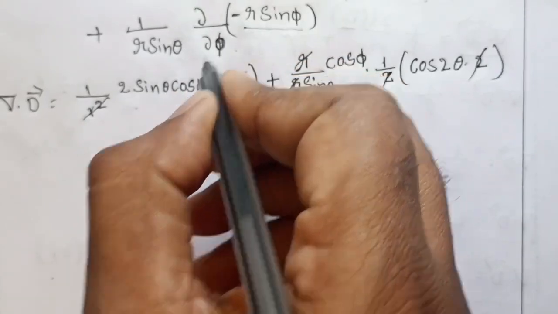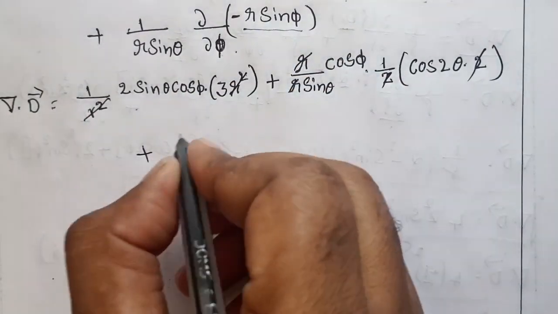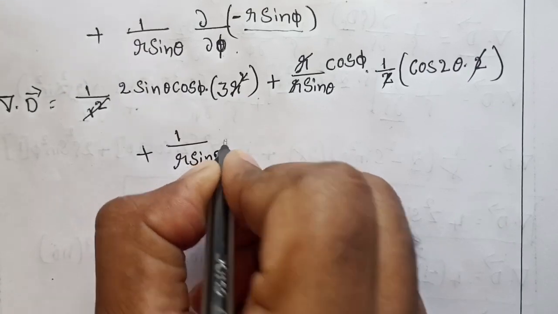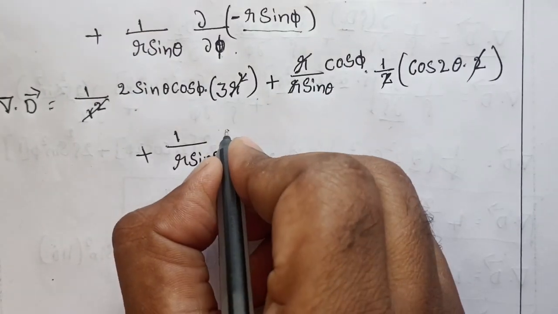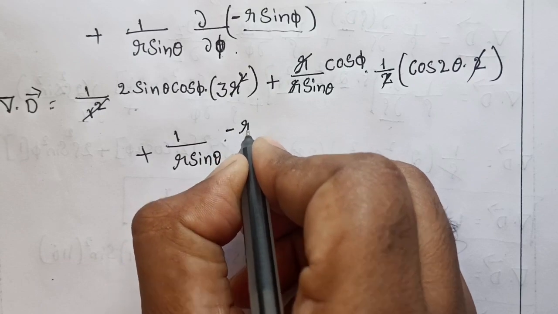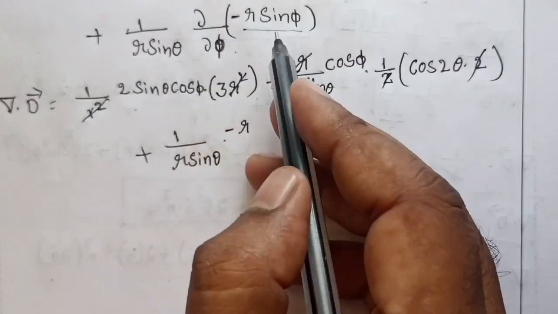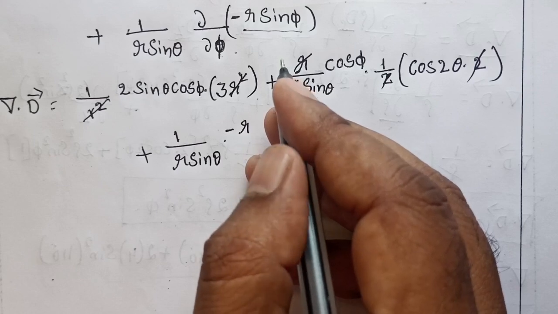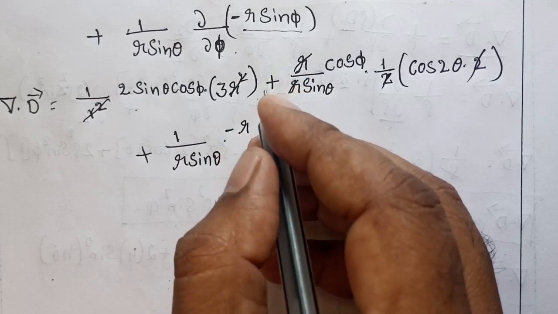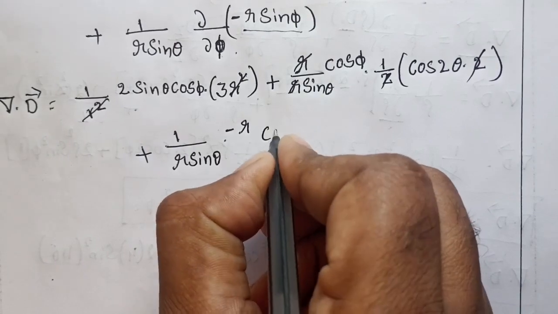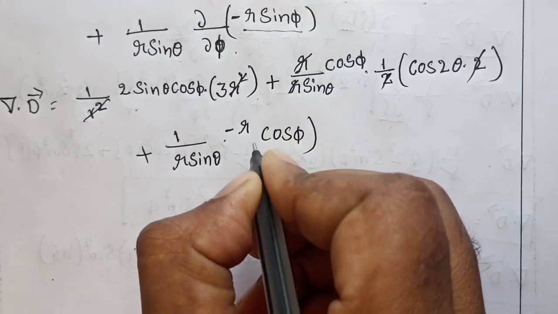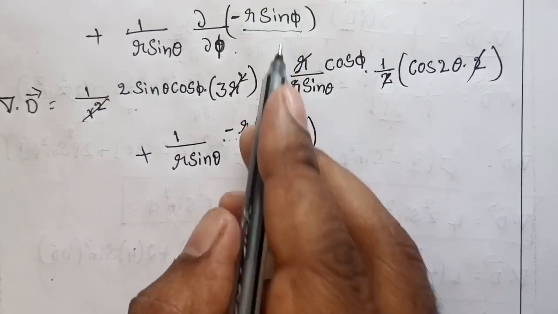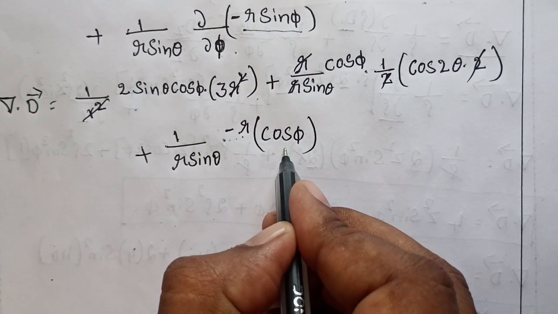So the third term is with respect to phi, therefore it is 1 by r sin theta into, minus r is constant, I can bring it outside. The differentiation of sin phi is cos phi.